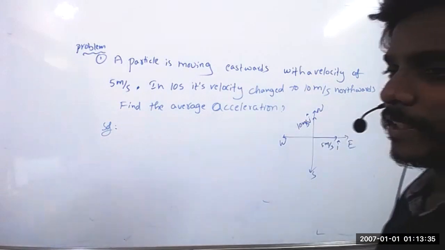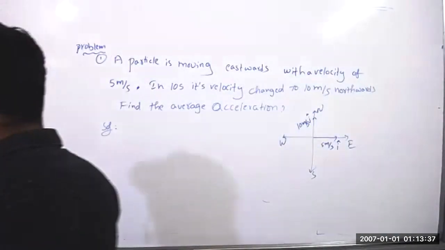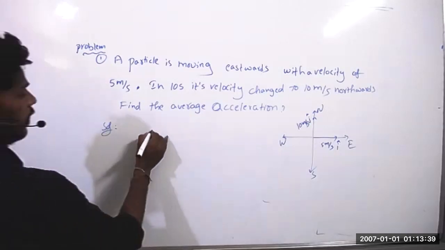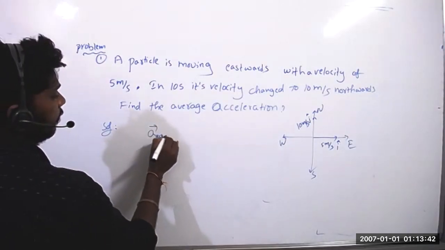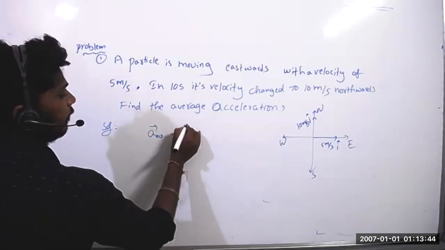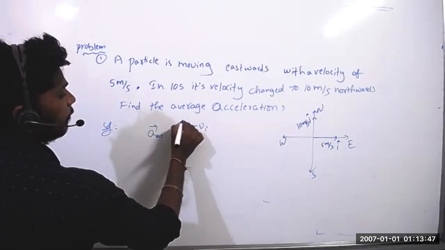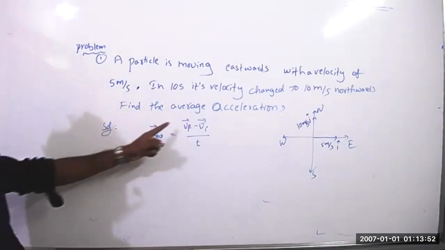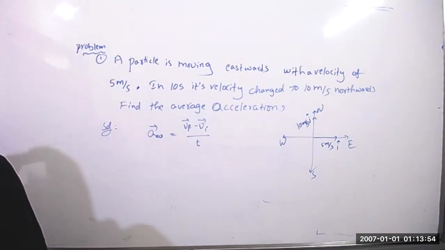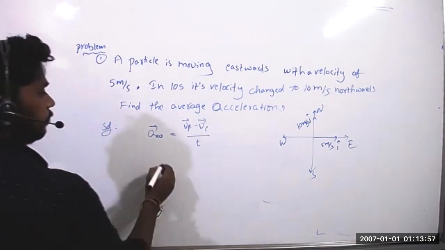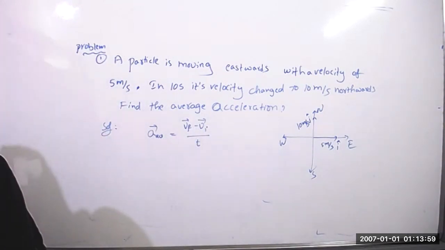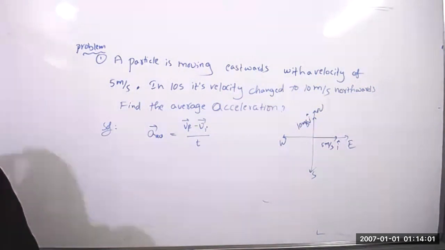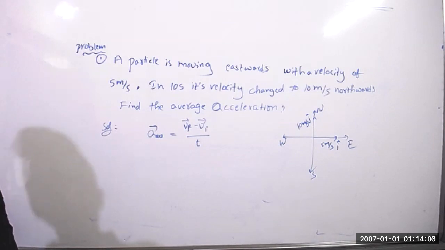What they are asking is acceleration. The acceleration formula: V minus U by T. Acceleration vector is Vf minus Vi by time, change in velocity by time. The time change given is 10 seconds.